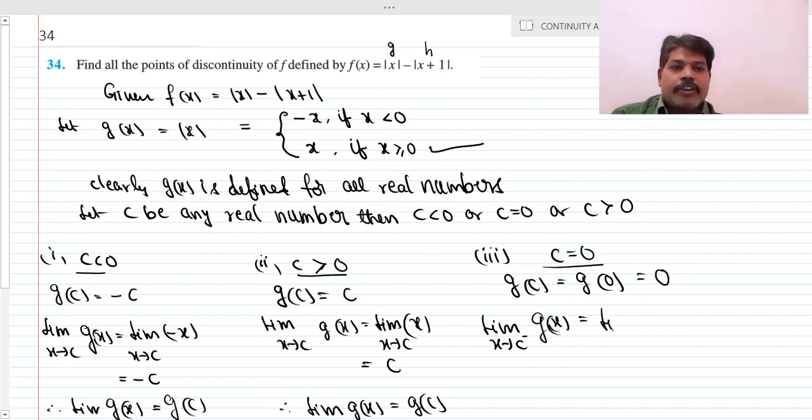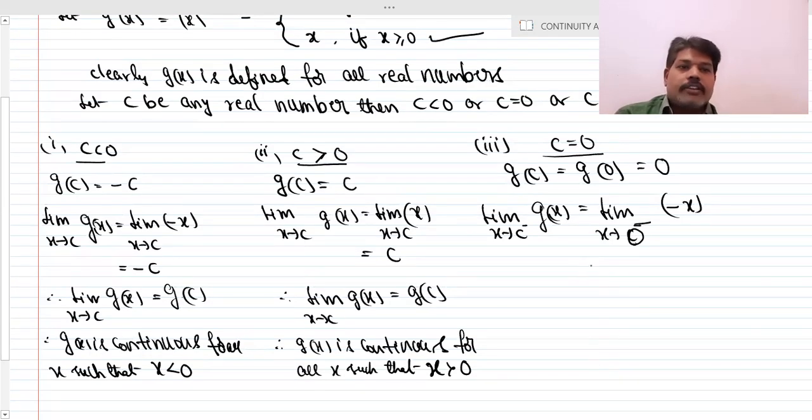What happens? The limit as x tends to C minus, meaning C is 0, so 0 minus of g of x. What is g of x, students? For x less than 0, g of x is minus x, so if you apply the limit, this value becomes 0. Similarly, I will calculate the right hand limit also.